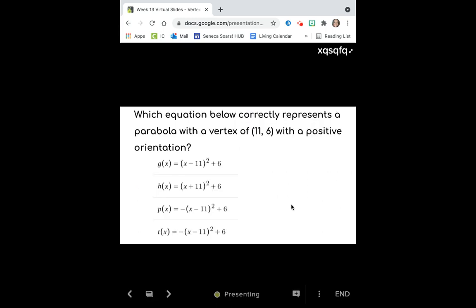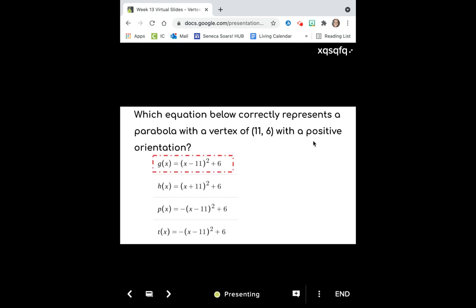All right, so let's take a look at this example. Which equation below correctly represents a parabola with a vertex of 11, 6 with a positive orientation? All right, so that's going to be the first equation.